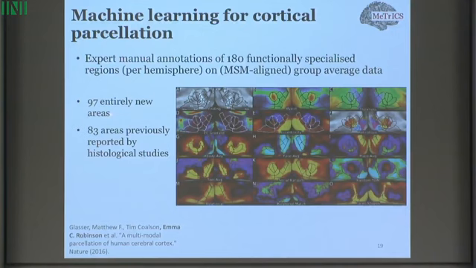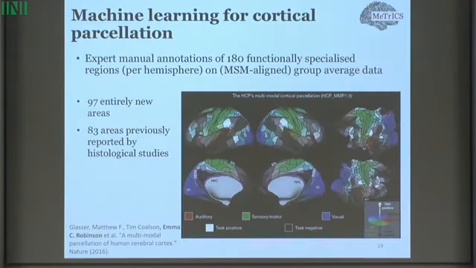The reason why there's a large number of new regions is because there are large areas of the cortex that haven't been thoroughly charted with cytoarchitectonic studies. So this generated the following group average map, but as I've already said, we can't just propagate these to individuals through registration because the registration isn't reliable.